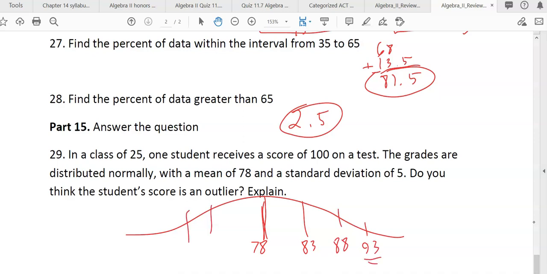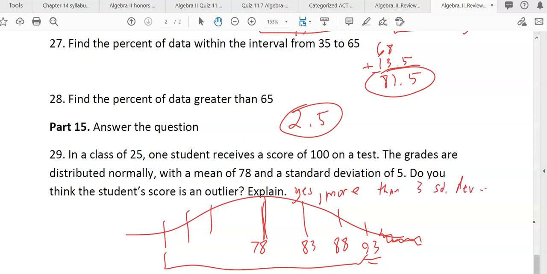In each direction, that's 99.7% of the data. So this is outside of that. 100 is somewhere over here. That's extremely far, so yes, more than 3 standard deviations away from the mean. So yeah, that's it.